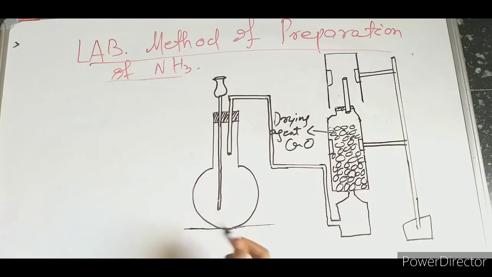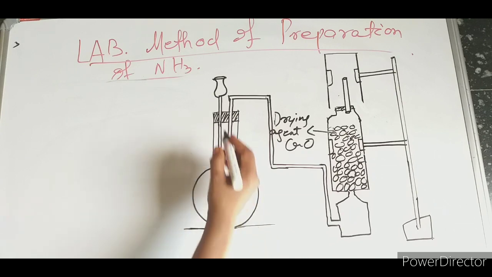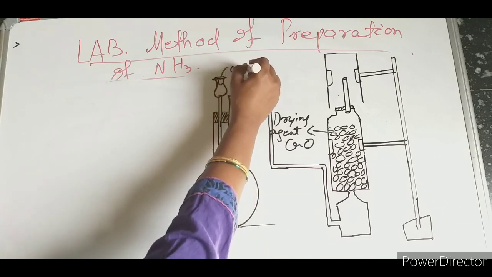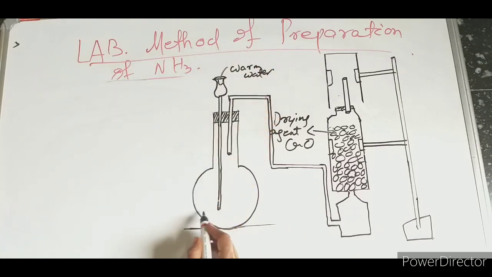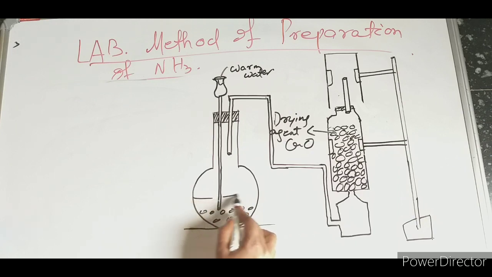Now let us see what we are using here. We are taking metal nitride, and warm water should be added to it.